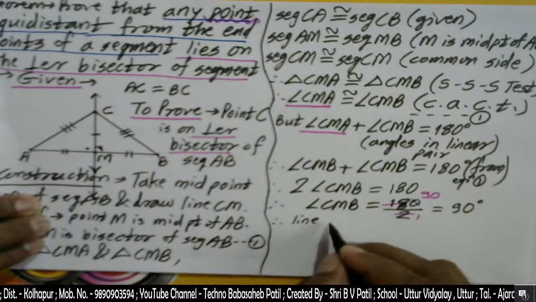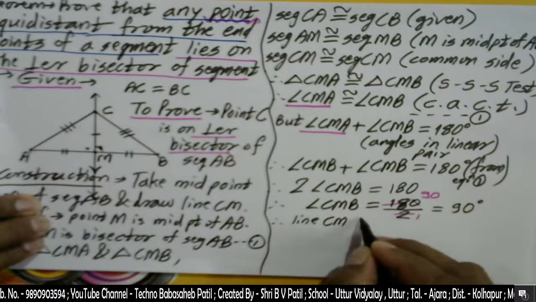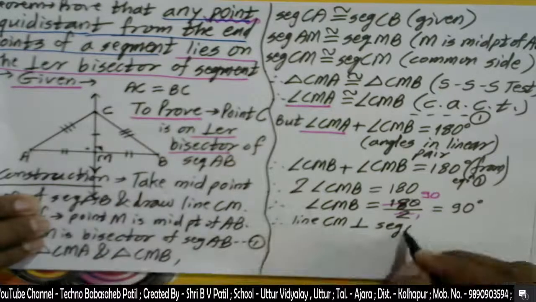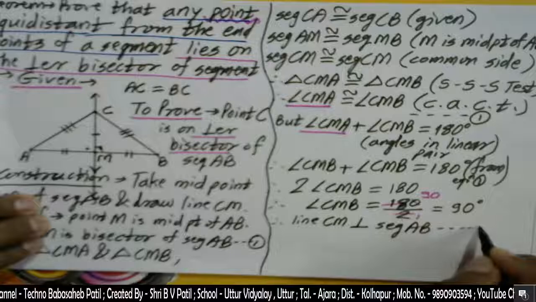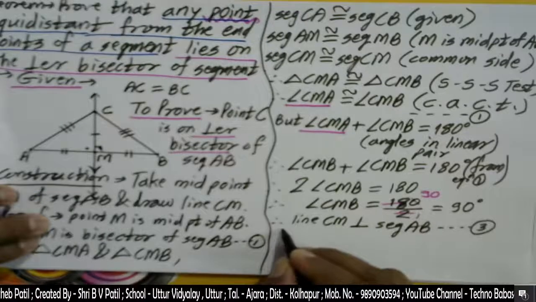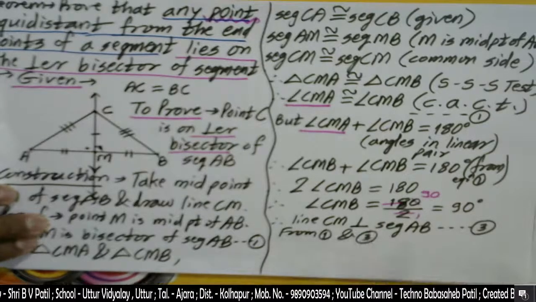We can say that line CM is perpendicular to segment AB. That is equation 3. From 1 and 3, what do we write?